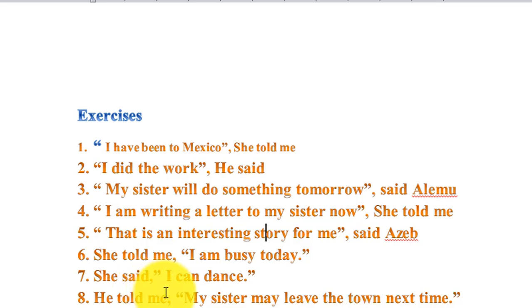Number 7: she said "I can dance." Yeah, she said. This is about modal verbs. She says that she could dance, right?